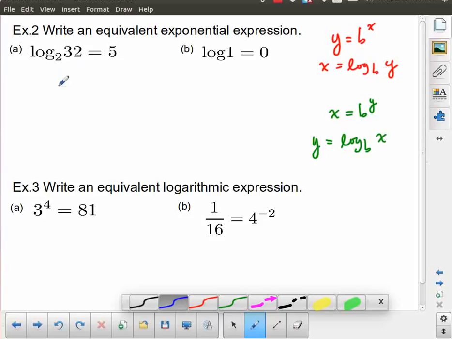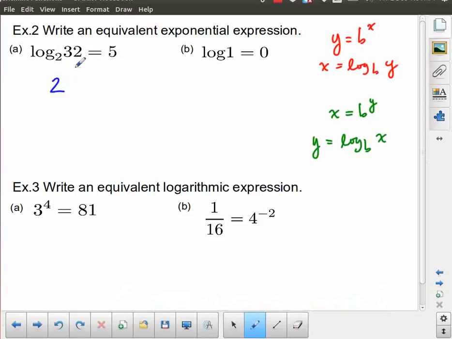So here's my base, that's 2. 2 to the power what? Well, what corresponds to my exponent here? In a logarithmic expression, the exponent is the number that's all by itself on the other side of the equal sign. So that's this 5. So that goes there. And then that's equal to 32.